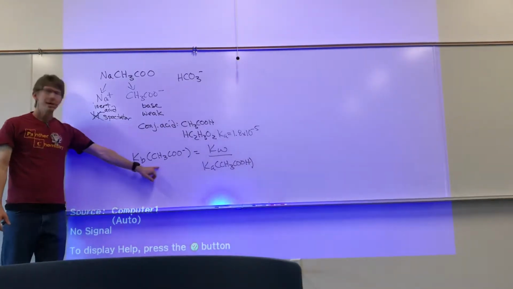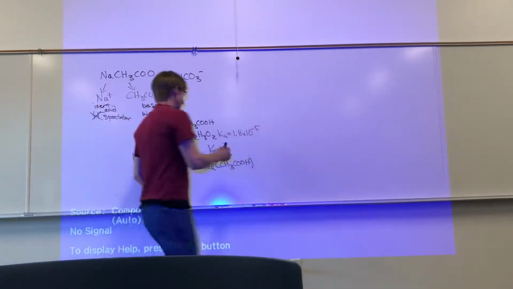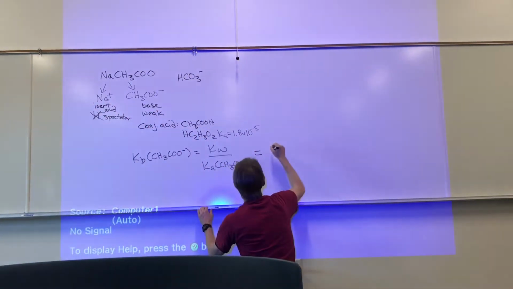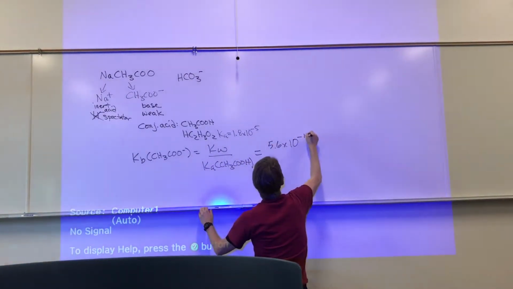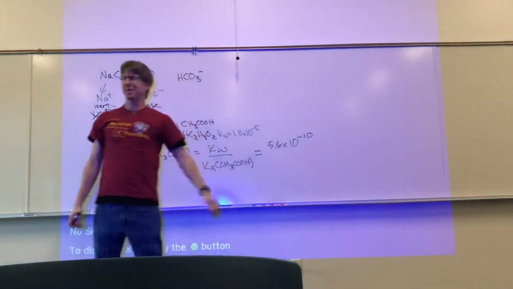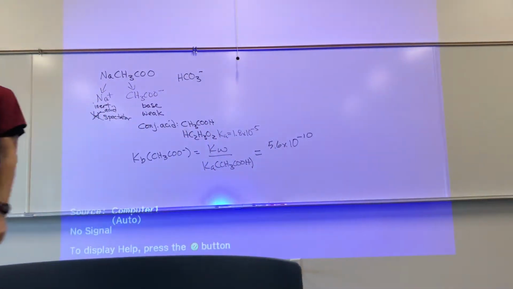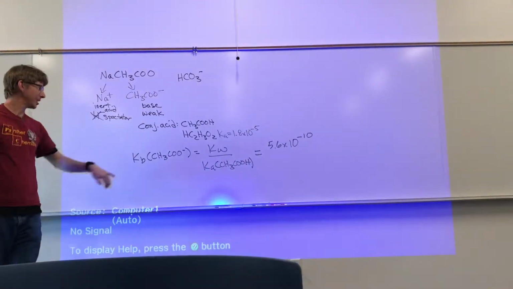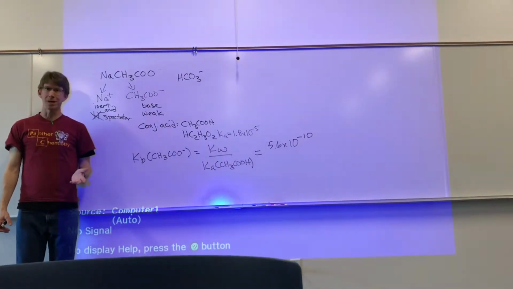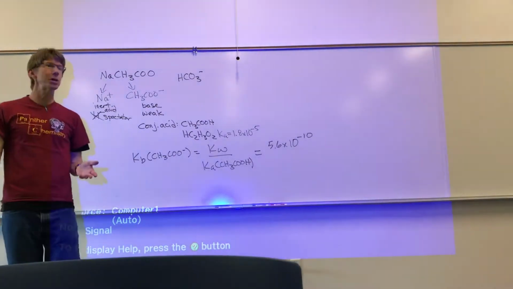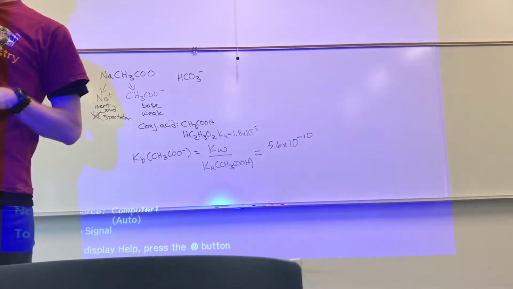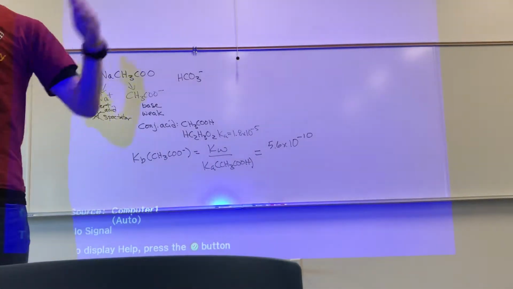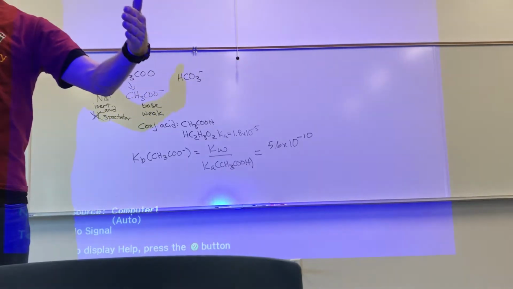If we do this, and I've done this one enough to know, it's 5.6 times 10 to the minus 10, and that is in the region of Kb values that are weak bases as well. We said whether you're an acid or a base, to be a weak acid or base, your Ka or Kb value must be between 1 and 10 to the minus 14.